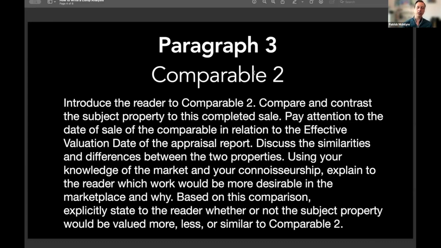Now you're doing the same thing with the next comparable, repeating that structure, and again making a judgment about the relative value of the subject work in relation to this market fact, this sale that you found in your research.